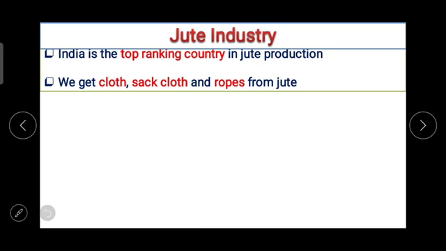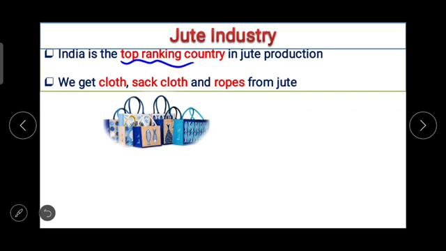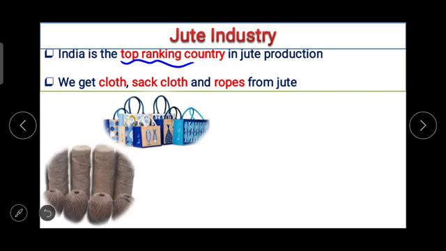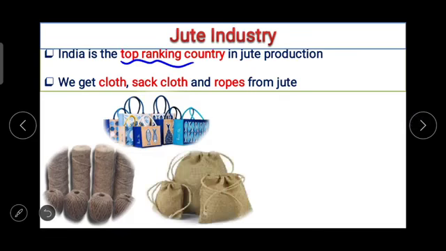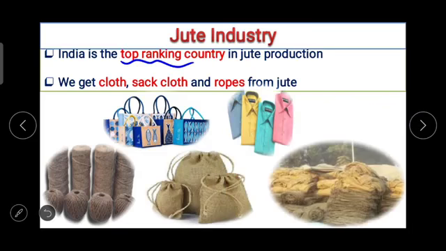So, the jute industry: India is the top ranking country in jute production. We get cloth, sackcloth and ropes from jute. So, India is a major exporter of jute products as it is the top ranking country in jute production. तो export भी जो है बहुत ज़्यादा हमारे यहाँ से होता है.